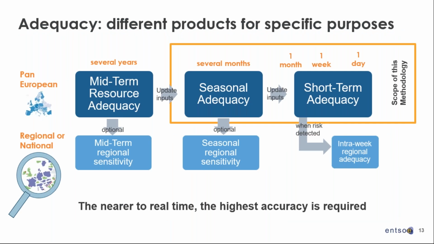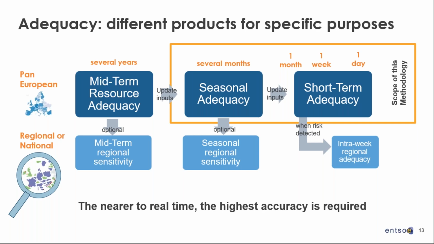So concretely, here I will present you the overview of the different adequacy products at ENTSO-E, but also at regional and national levels. So we have products showing several years ahead, which are called midterm adequacy, which we'll call resource adequacy in the electricity regulation.